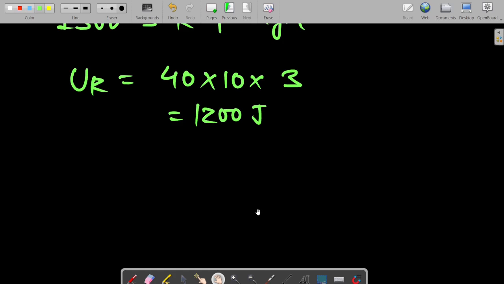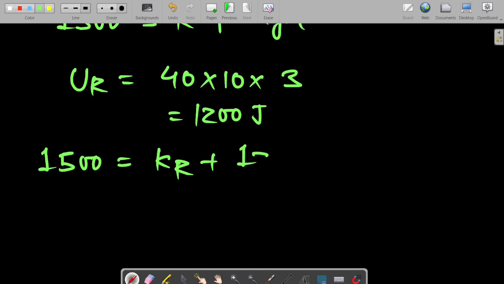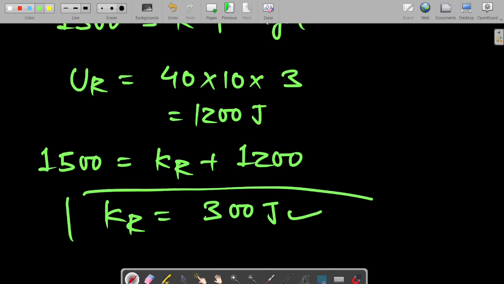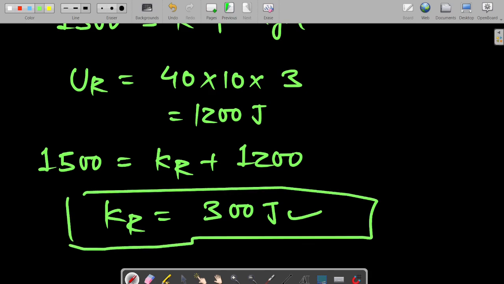So we have got our potential energy as 1200 joule at point R. So your total energy 1500 joule is equal to kinetic energy at R plus 1200. If you simplify this, you will get 300 joule of energy at point R. So we have solved our problem.